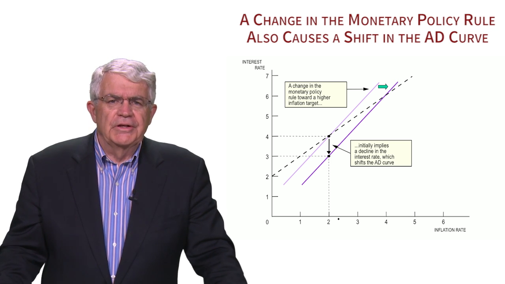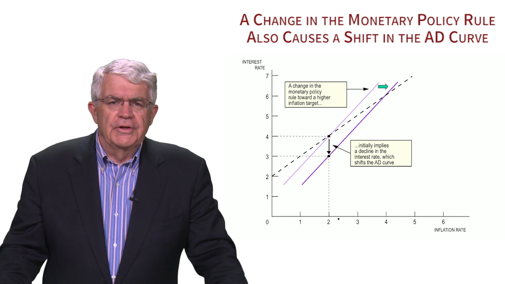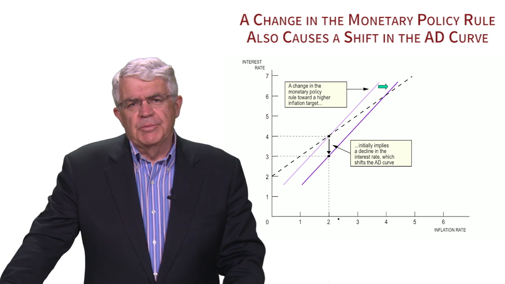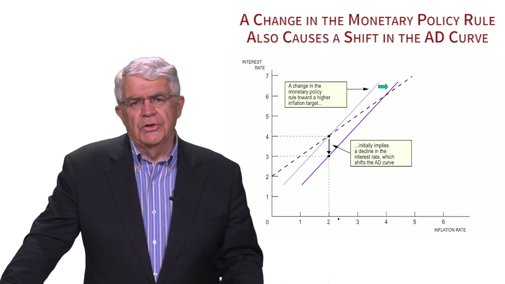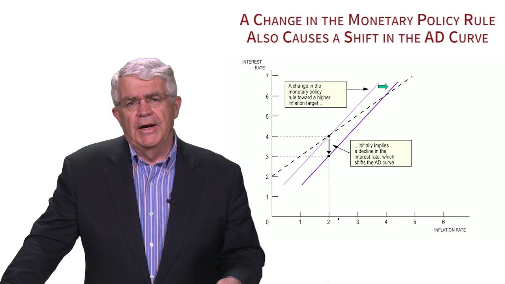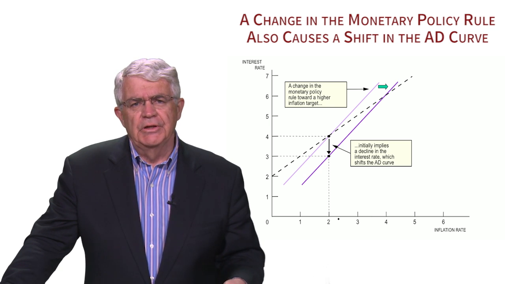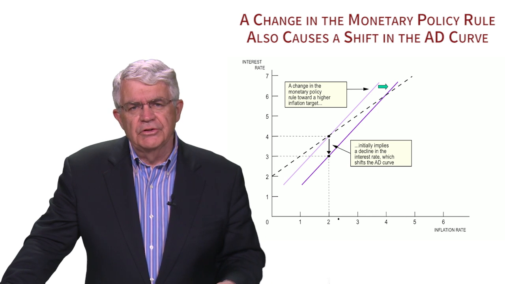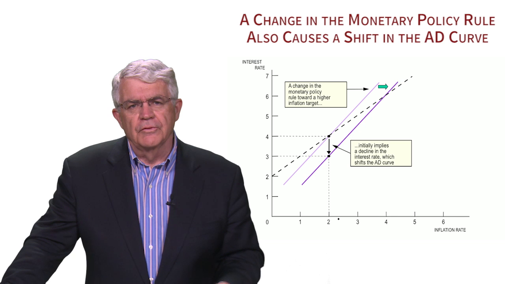So the monetary policy rule over on the left has lower inflation rates than the monetary policy rule over on the right. So suppose the Fed wants to shift from a target inflation rate of 2% to a higher level, maybe 3% or 4%, whatever it happens to be. That means at any given level of inflation, they're going to have a lower interest rate, so the interest rate falls as you shift that curve over to the right.